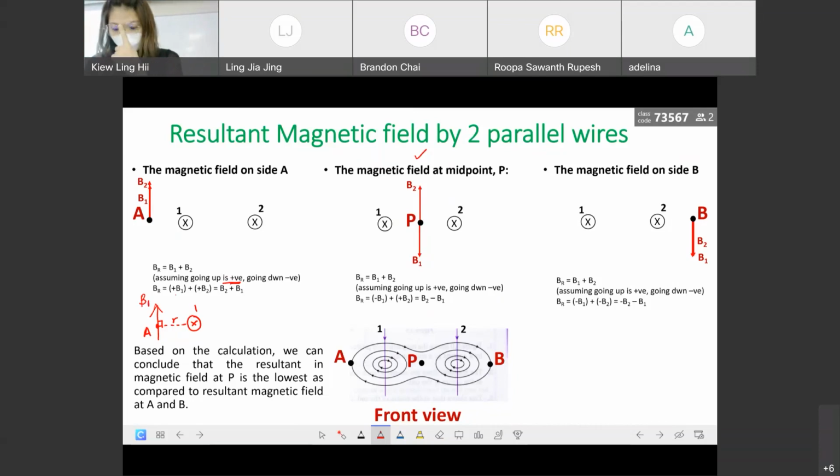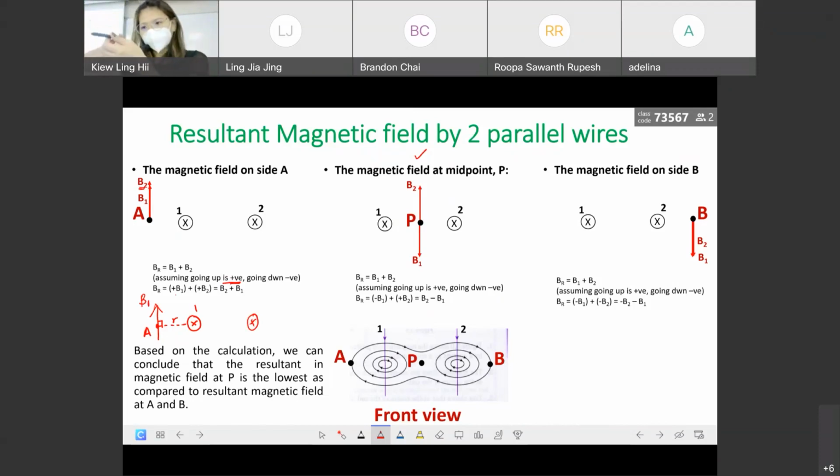Okay? So same goes for your B2, which is the magnetic field generated by wire 2 at point A. Again, now wire 2 is somewhere here. Your point A is still here.